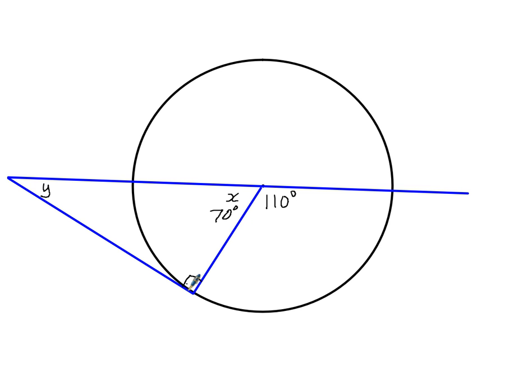We've used 90 at the right angle, and 70 is 160 degrees. 180 minus 160 leaves us 20 degrees. So Y is 20 degrees. And just a quick check, 20 and 70 is 90, 90 and 90 is 180. So that works and that is correct.